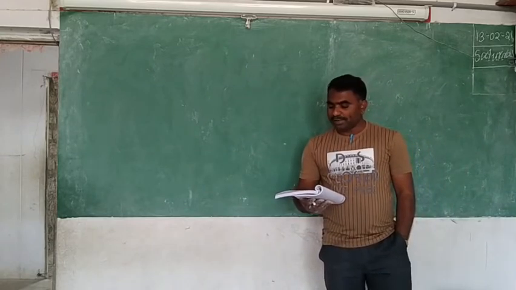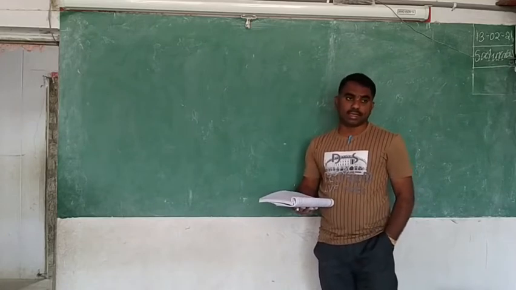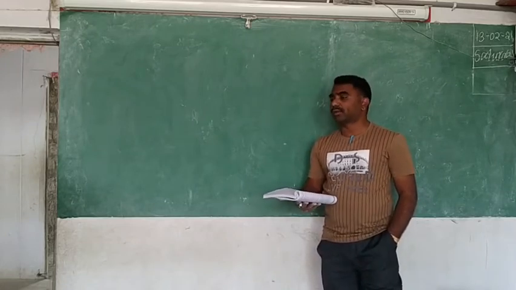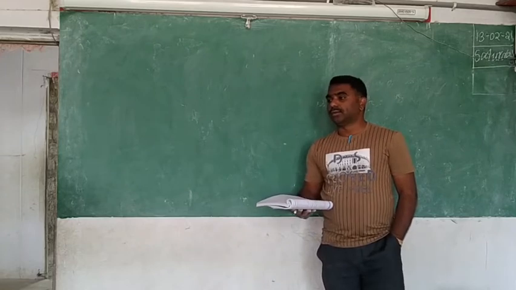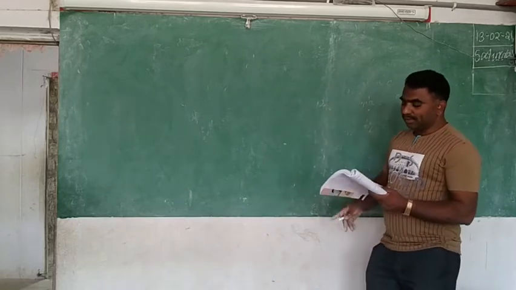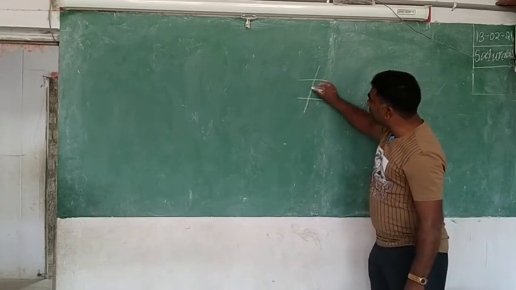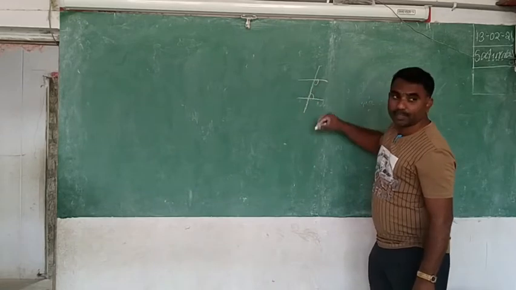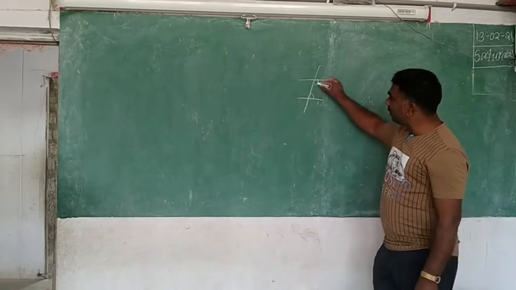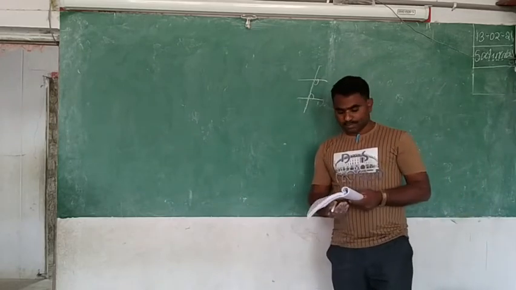The sum of interior angles on the same side of the transversal is supplementary, then the lines are parallel. He is saying the sum of the interior angles on the same side is supplementary, then these lines are parallel.